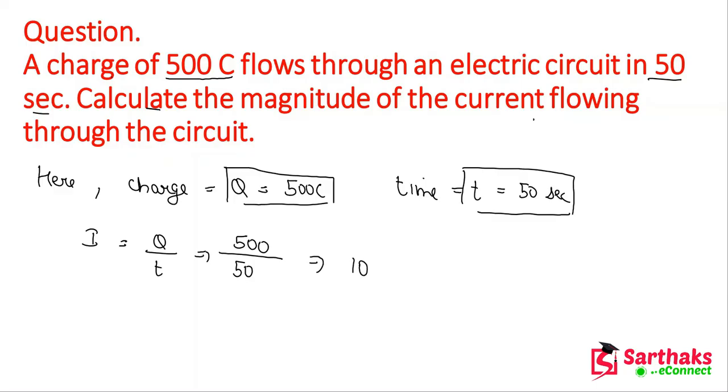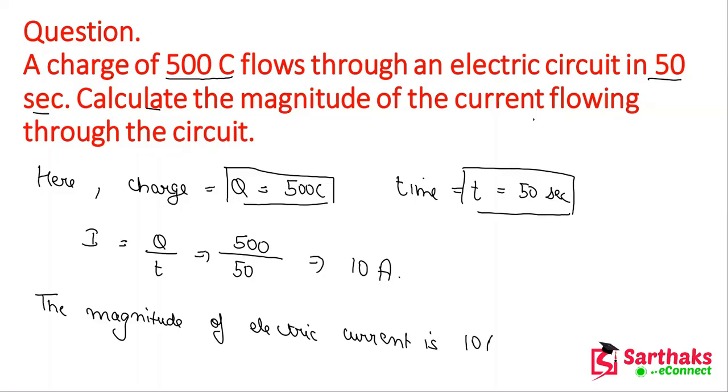The SI unit of current is ampere, so we write 10 ampere here. I hope it is clear to all of you how we can calculate the magnitude of the electric current. So the magnitude of the electric current is 10 ampere.